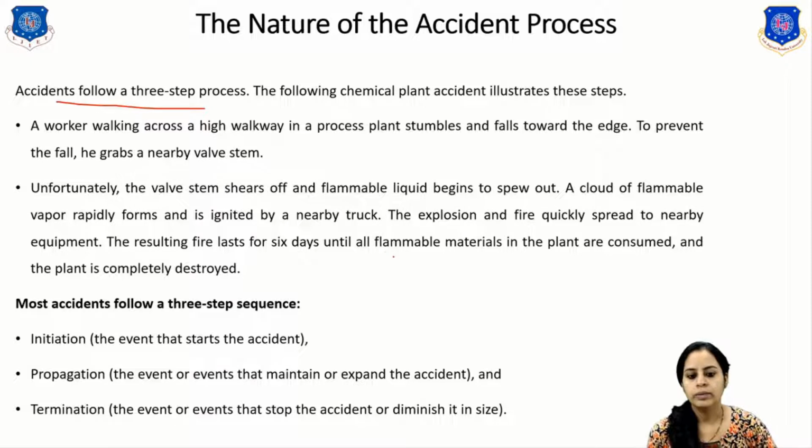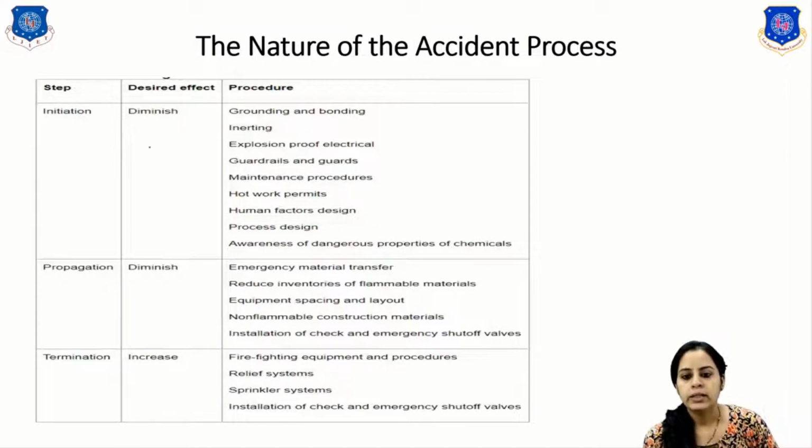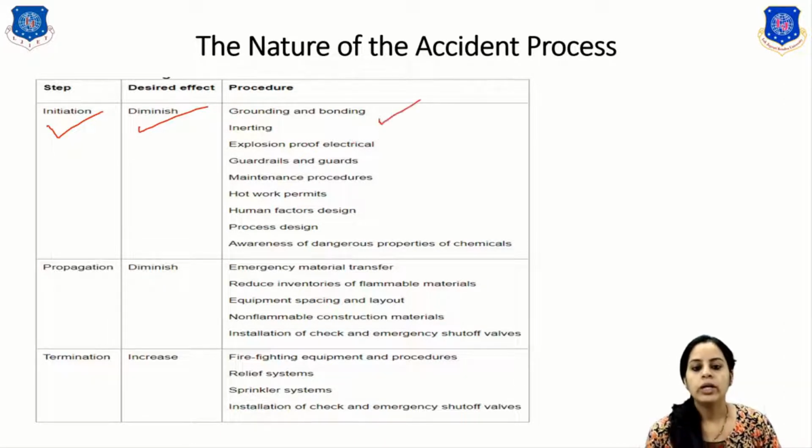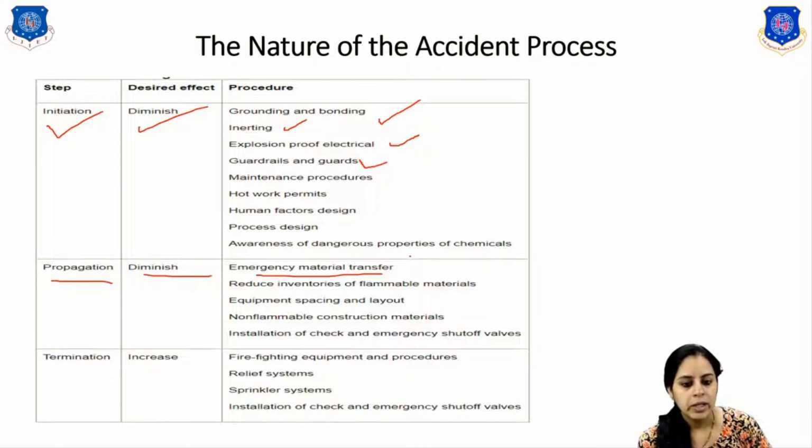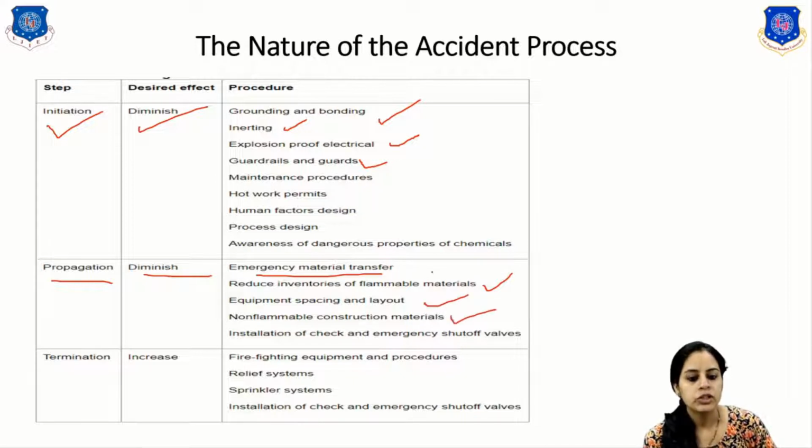Here you can see step 1, initiation, where the desired effect is diminution: grounding and bonding, inerting, explosion-proof electrical material, guard lines and guards, hot work permit, etc. Then propagation, where again the desired effect is to diminish: emergency material transfer, reduced inventories of flammable material, equipment spacing and layout, non-flammable construction material.